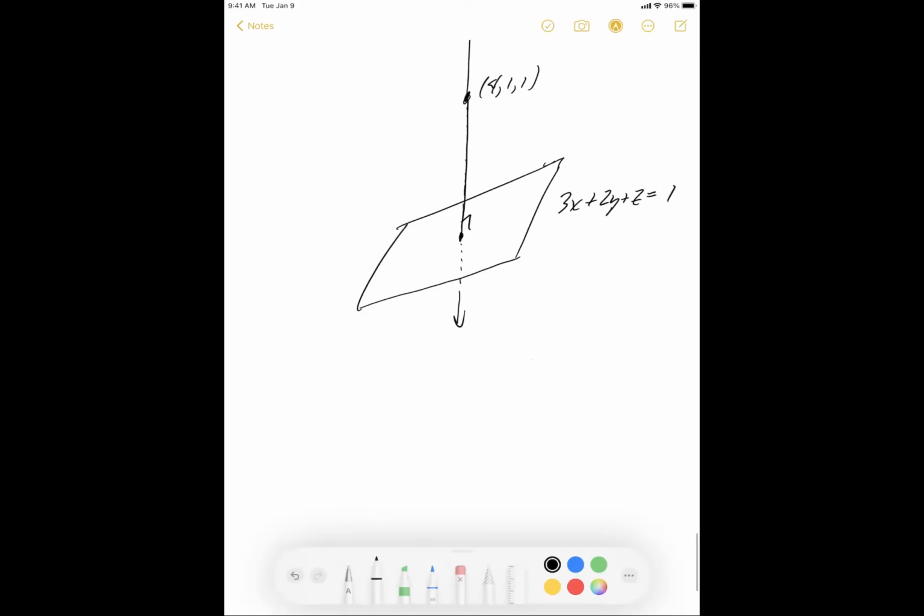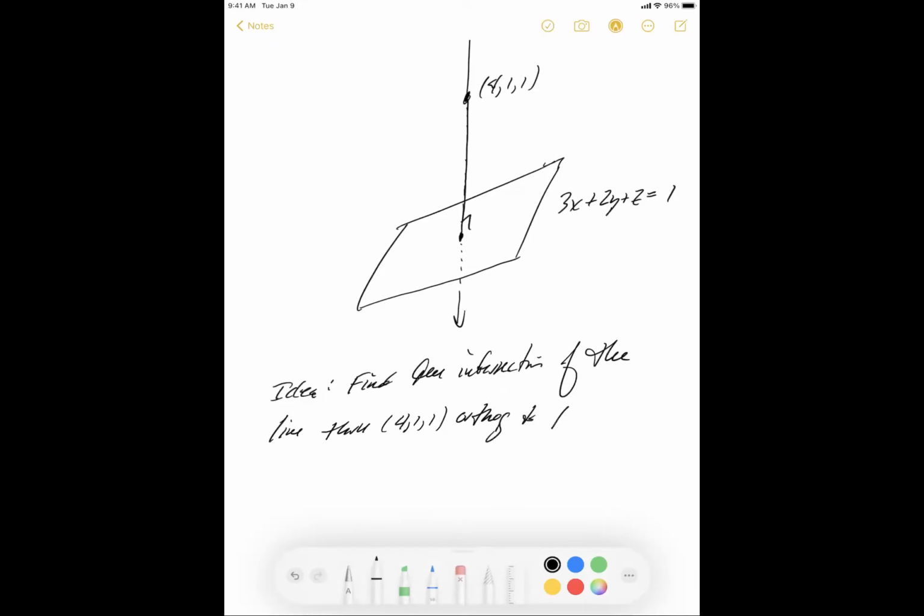So the idea is to find the intersection of the line through (4,1,1) orthogonal to the plane and the plane.